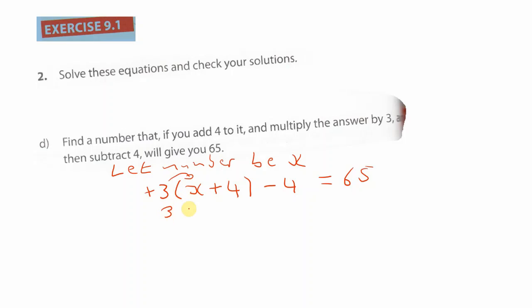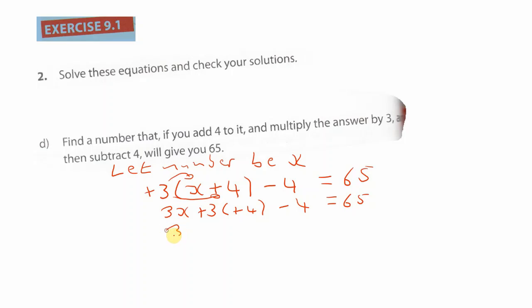So we have 3 times x. Then take again what's in front of the brackets and multiply it by the second term in the brackets, which we now know is plus 4. And then we still have to subtract 4 to give us 65.